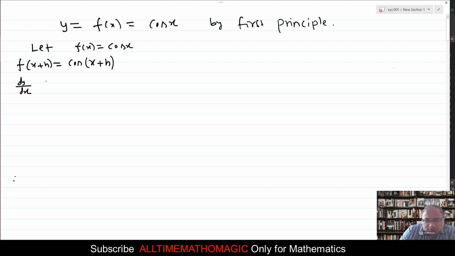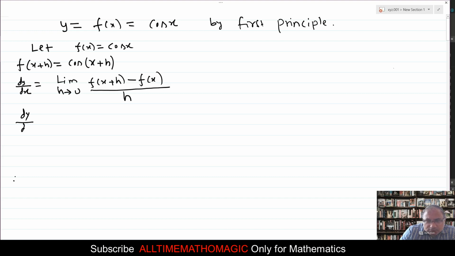dy by dx equals limit h tending to 0 of f of x plus h minus f of x upon h.